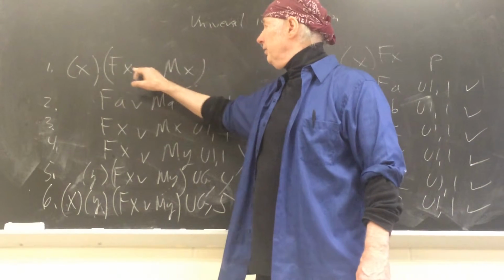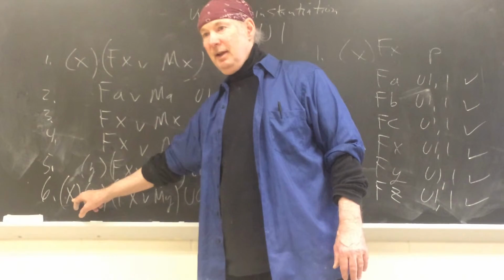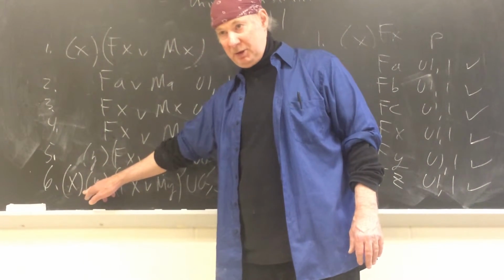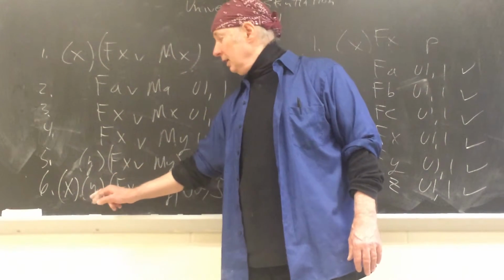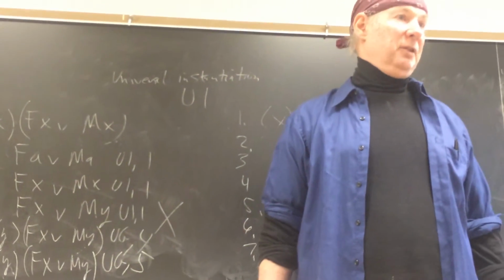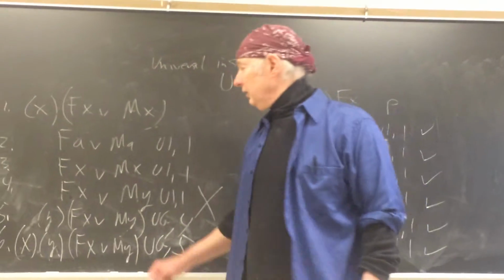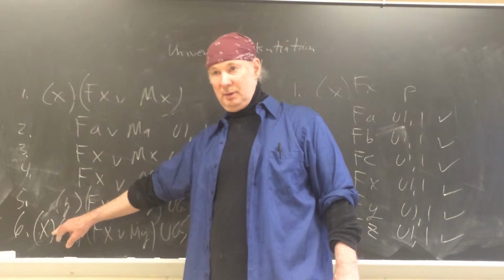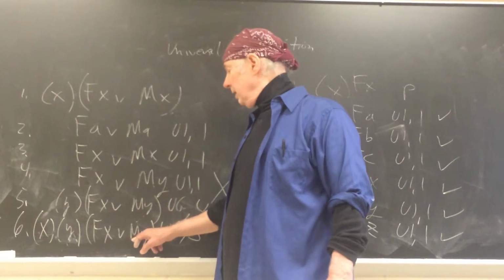It's either F or M. What does this say? This says, look at every pair of objects. The first one from the universe picked out by X, the second one from the universe picked out by Y. Let's assume X and Y pick out the same set of objects. Then what this sentence says is for every pair of objects, the first member has F or the second member has M.